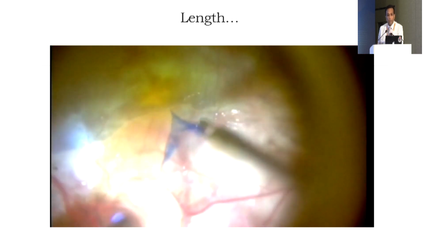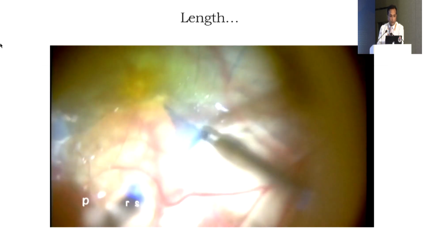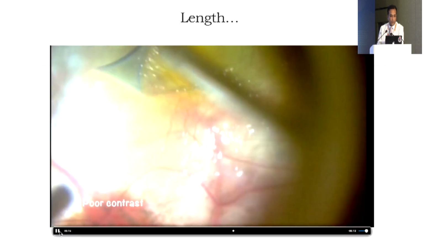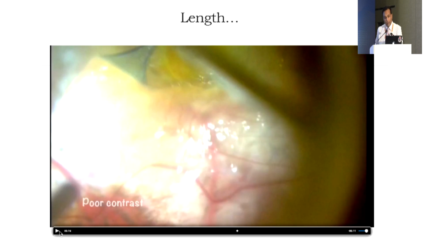The most important part is the imaging system, the viewing system. Again, if you divide it into two parts, in the very high axial length of more than 30 mm, it's a very good idea to use an irrigating lens or a macular lens. The point here is that in a high axial length, when you're going inside with the forceps, your forceps is vertical, and when your forceps is vertical, the shaft of the forceps touches the rim of the non-contact viewing system, and it can create a lot of aberrations and jerky movements.